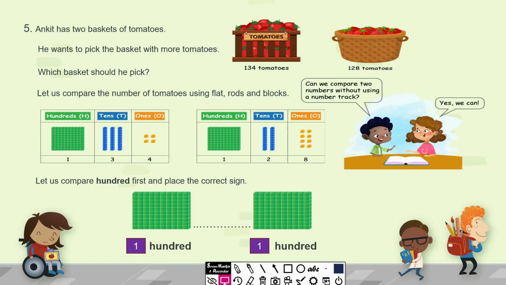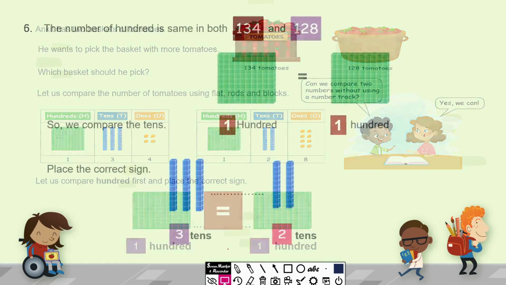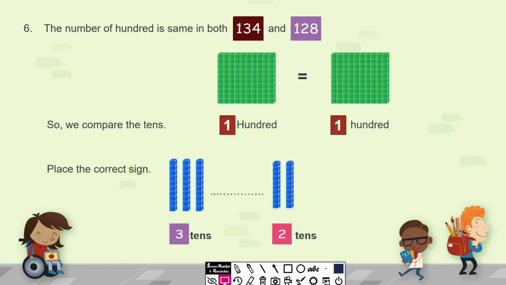Correct. Let's check the correct answer. Yes, 100 is equal to 100. Let's move to the next question. The number of hundreds is the same in both 134 and 128. Now, we compare the tens. Since both hundreds are equal, we need to compare the tens now.